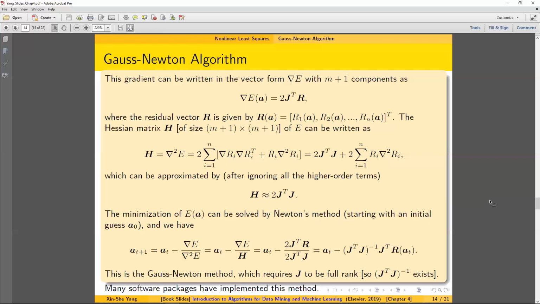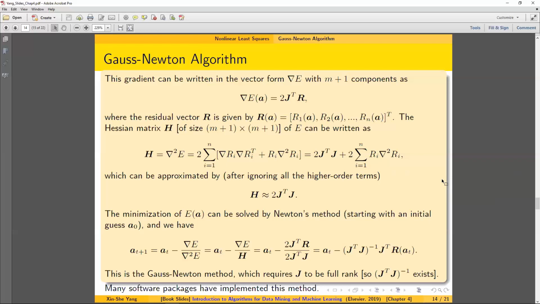Remember that it has diagonal elements and off-diagonal elements in terms of x1, x2, x1, x3, etc. The Hessian matrix can be rewritten based on the Jacobian matrix. It would be 2 times J transpose times J plus a second term with this particular function form. Roughly, the Hessian matrix can be approximated by 2 times J transpose times J. That's why you see the similarity of the Jacobian matrix to the Hessian matrix that we discussed earlier.